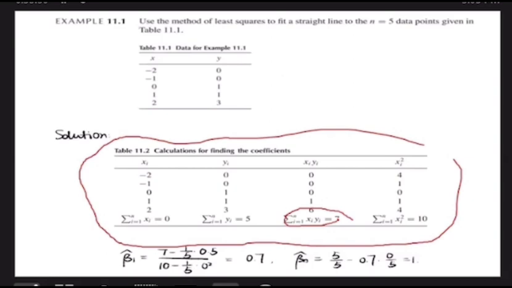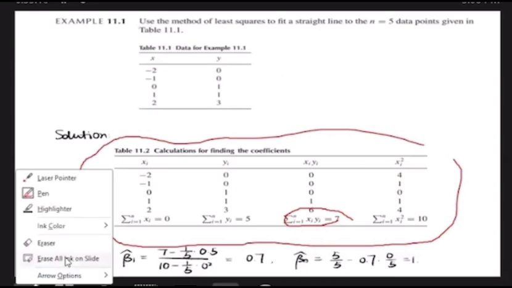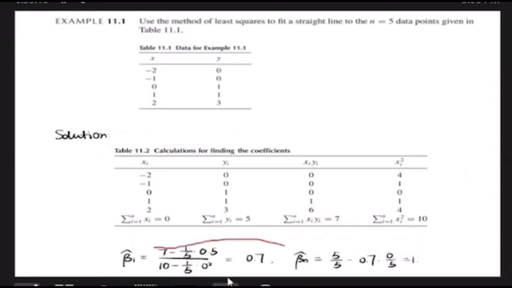Okay. And then the one that talks about the mean, the mean of x is going to be this divided by the number of data. The mean of y is going to be this divided by the number of data. And by the time you apply that, that was how we got this. Is there any question about how we got beta 1 cap to be that? Is there any question? Go ahead.